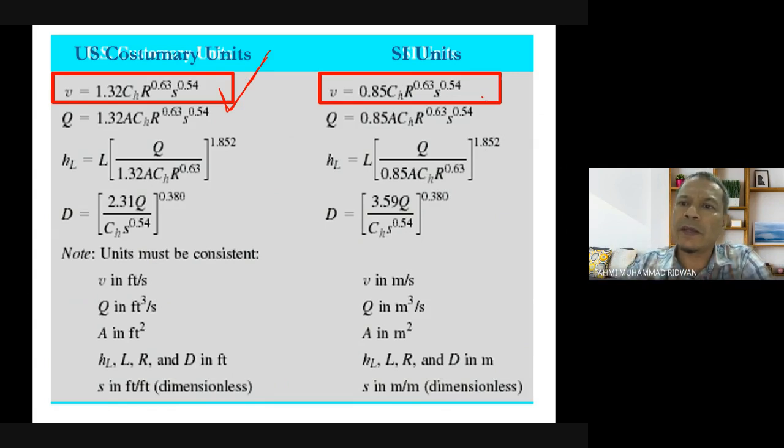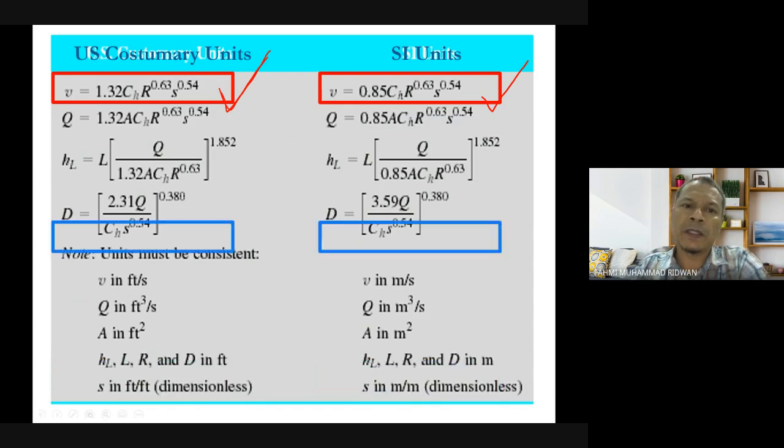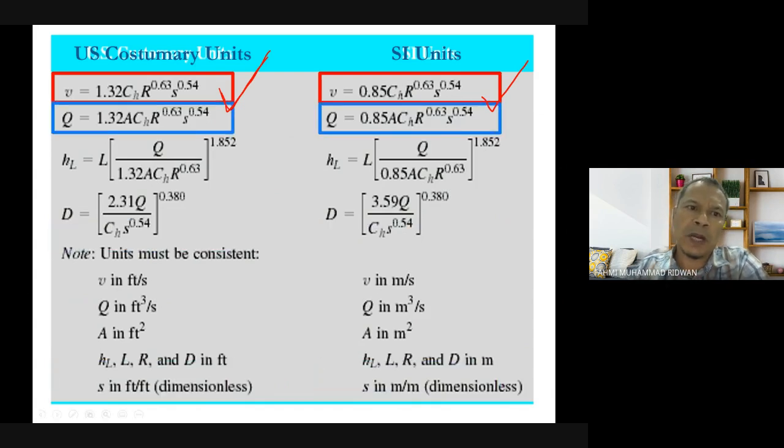Similarly for other parameters such as Q, if we are going to determine Q, we apply this formula. This one is in US customary unit. For the SI unit, we use this formula.